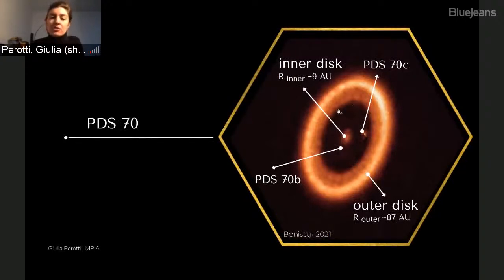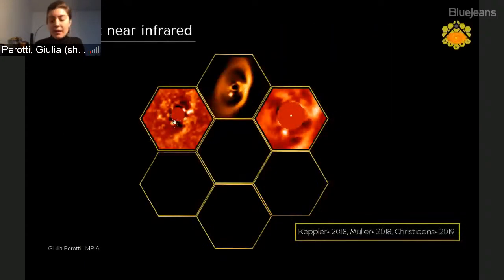These two giant planets are carving this large gap that separates the outer disk from an inner disk, which extends to 9 AU. With ALMA, we're not able to access this inner disk, but now we are with spectroscopy. The system has been studied in detail in the near-infrared with VLT, SPHERE, and SYMPHONY data that allowed the detection of planets PDS-70B and C.